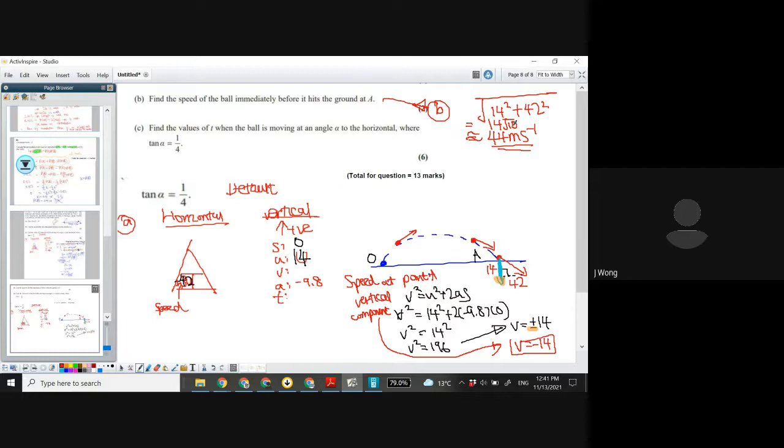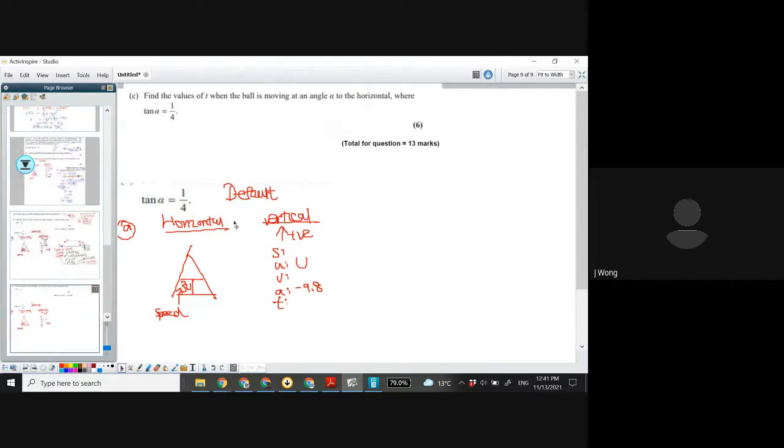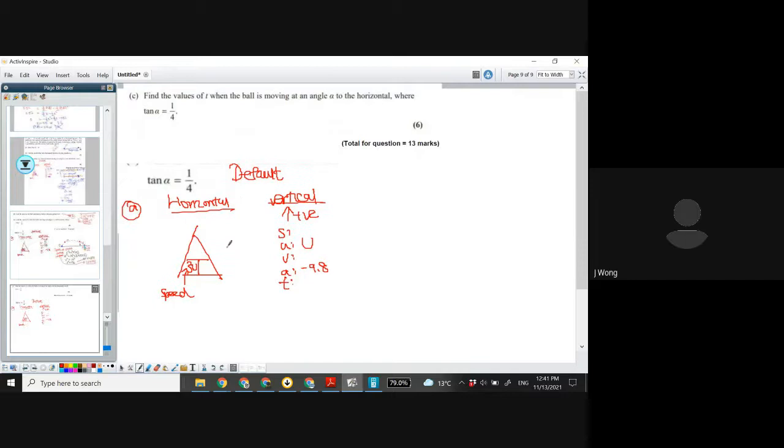Okay, so now the most exciting part, part C. They say find the values of t so that the ball is moving at an angle alpha to the horizontal, where tan alpha is defined to be a quarter.